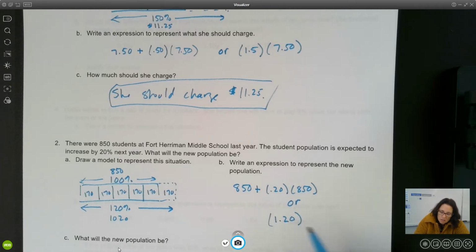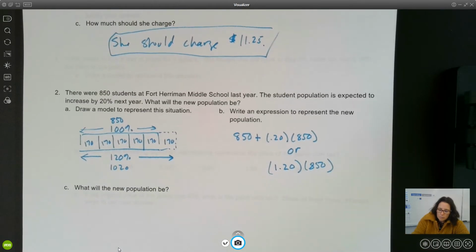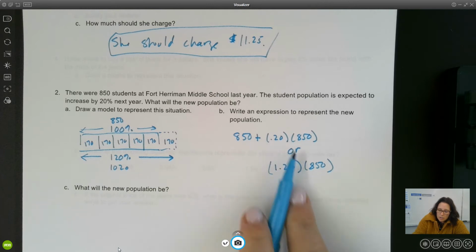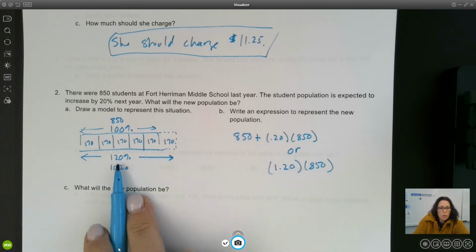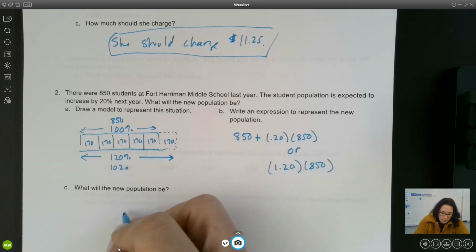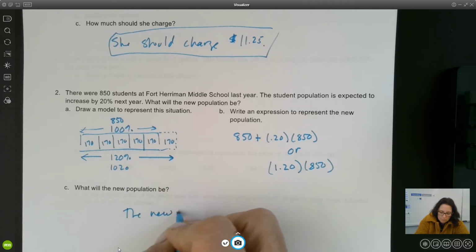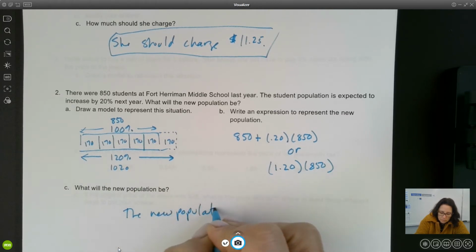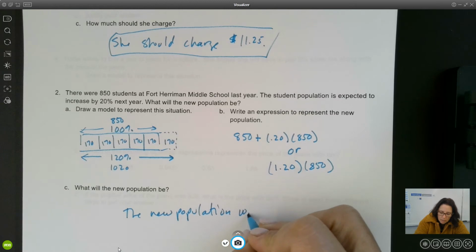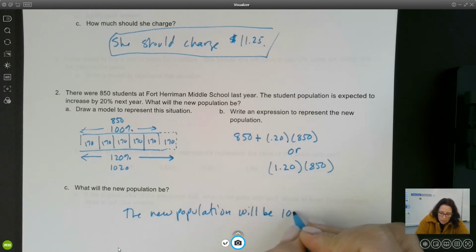You don't need the 0; you could have it or not. If you calculate one of these in your calculator, or look at your model, you've got your answer. The new population will be 1,020 students.